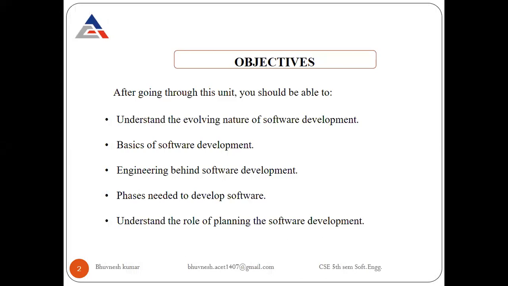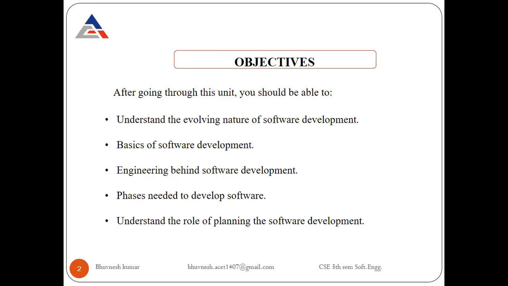That we will study in this presentation. First of all, we will go through the objectives. After going through this unit, which is your first unit, part one, that is software evolution.